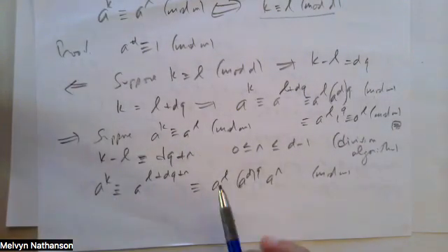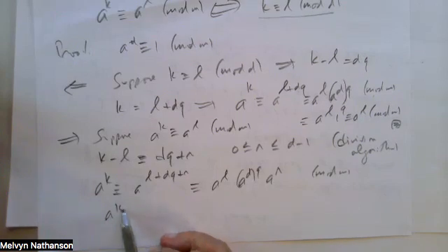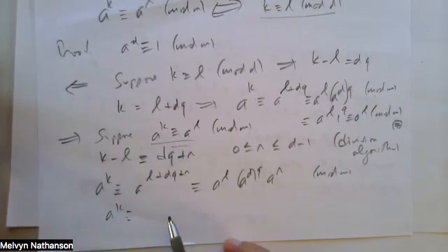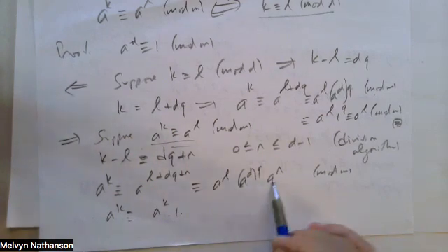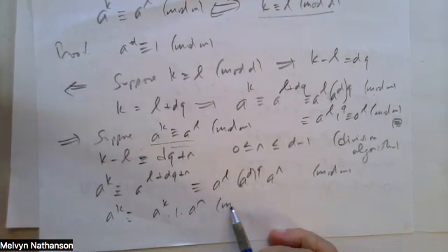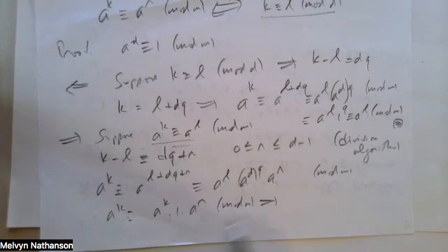A to the l was the same as a to the k. That was our hypothesis. This is a to the k. A to the d is 1. So I get 1 times a to the r mod m.